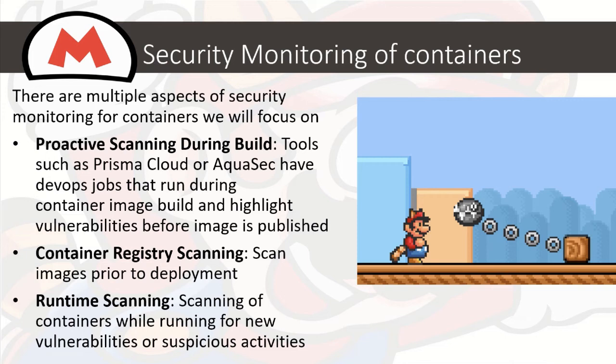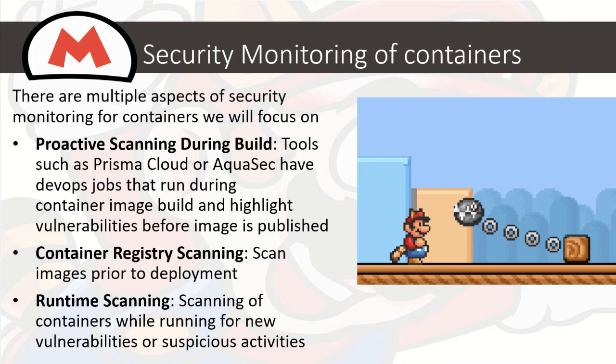We have integrated Prisma. We have integrated even a tool called Aquasec earlier, wherein it actually tags along the DevOps job itself. And if there's a vulnerability in the image, if you're using an older version of Java or something else which is having open vulnerabilities or zero days, these tools will actually block the image from being built, and it will throw an alert saying that, hey, this is using so-and-so version, please update it.